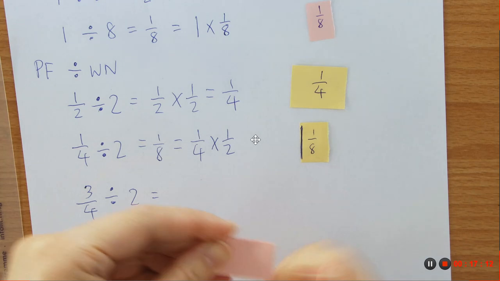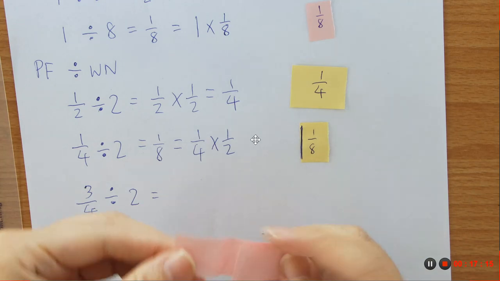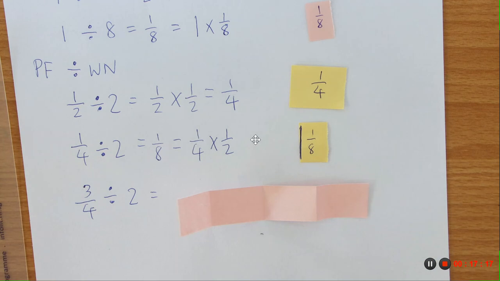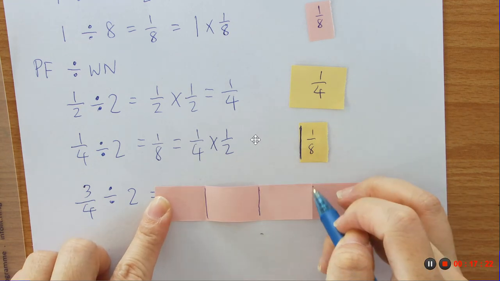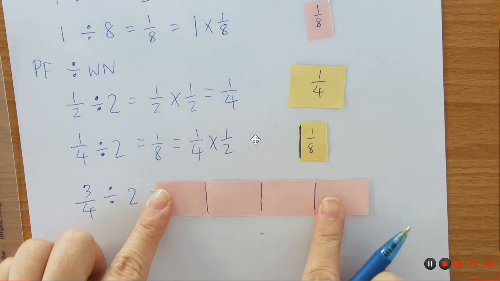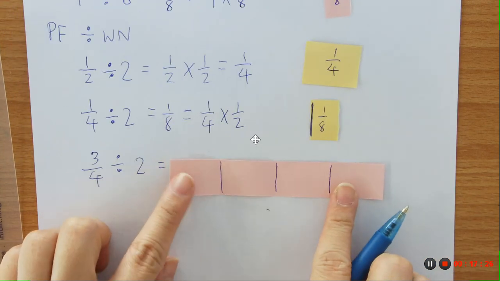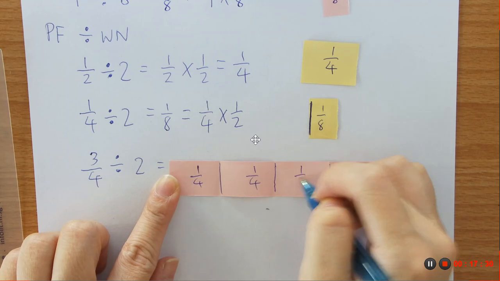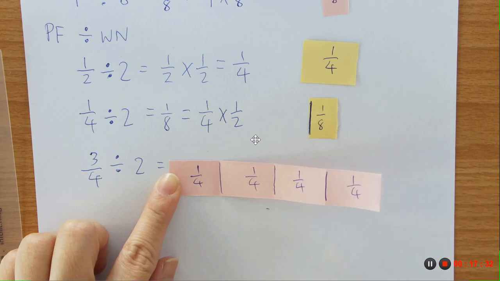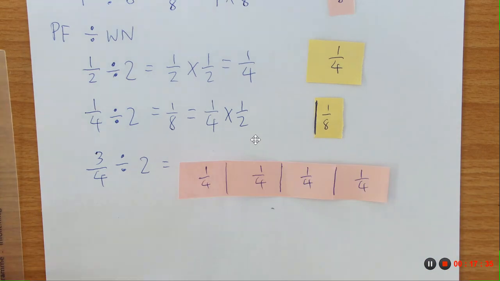These quarters, right? Correct or not? 1/4, 1/4, 1/4, 1/4. Where's 3/4? Three of that. Very good. So let's say 3 of these.